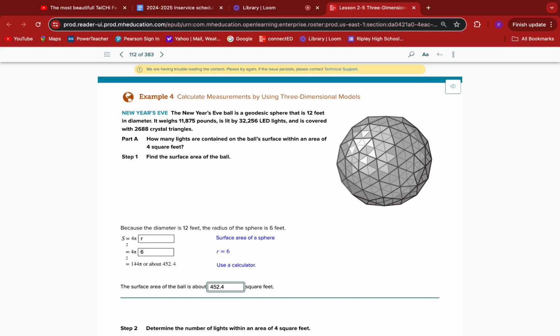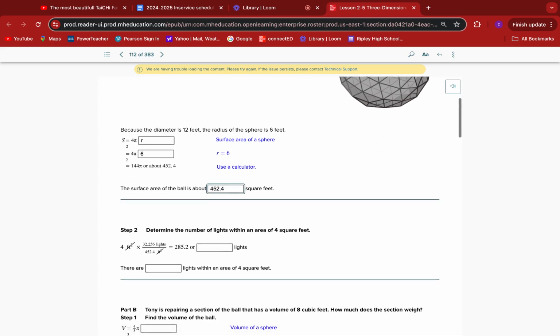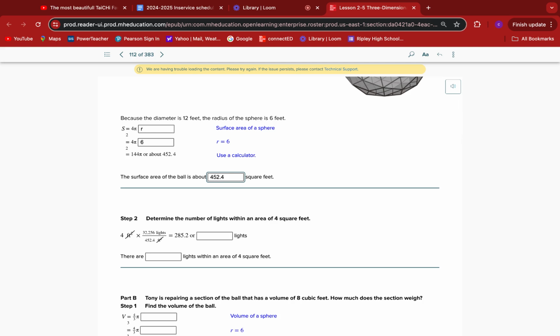Remember, surface area is square. Area is always squared. All right, we're going to move on to step 2. So we are doing kind of a conversion here of how many lights it is. So there's 32,256 lights out of 452.4 square feet. And the square feet are going to cancel.